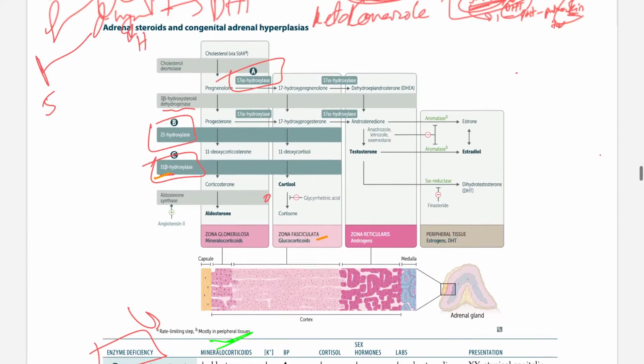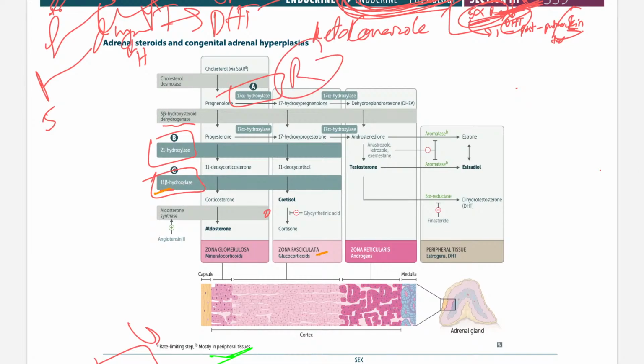So just remember, whenever you're going all the way towards the right side, it's going to be 17 alpha hydroxylase. Then you have 21 if you're going, let's say, from progesterone into formation of deoxycorticosterone or deoxycortisol.